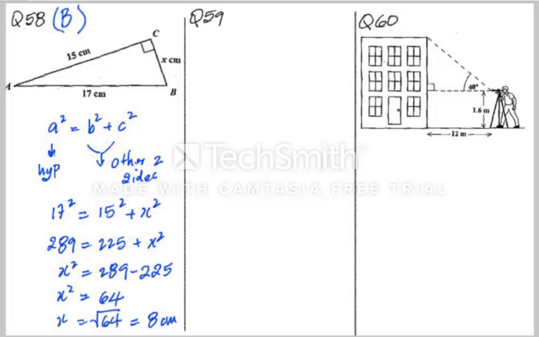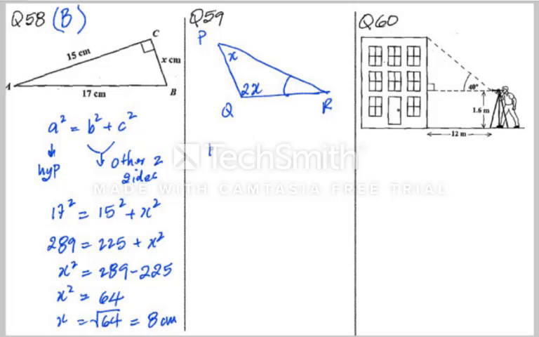Question 59. In a triangle PQR, P is x degrees, Q is 2x. So let's try to do a rough sketch. Alright, just to give us a visual, this is x, this is 2x, this is P, this is Q, and this is R. Alright, so what do we know?